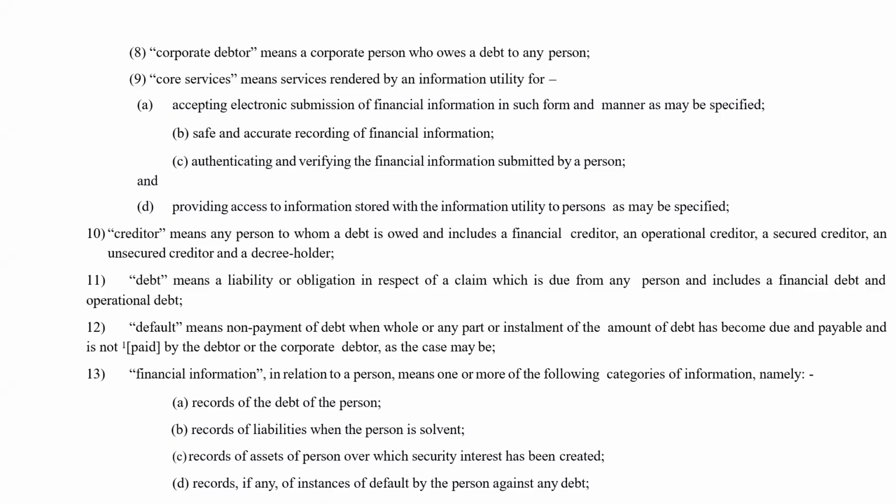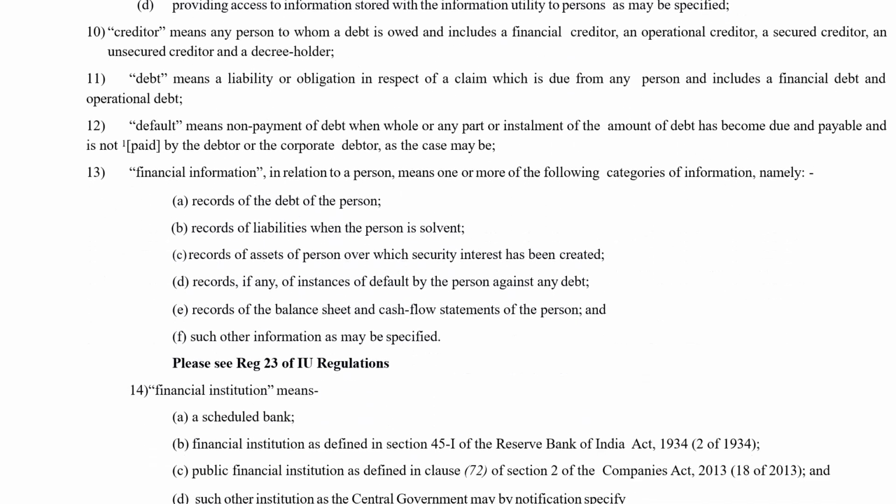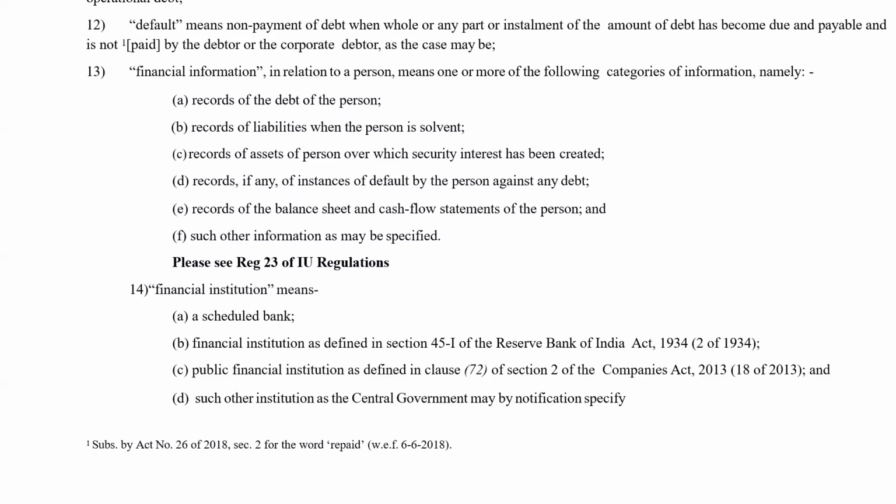Default means non-payment of debt, when the whole or any part or installment of the amount of debt has become due and payable and is not paid. If something is due and it is not paid, then alone it is considered to be a default, right? Then financial institution. These are the various definitions: financial product, financial service provider, financial sector regulator.